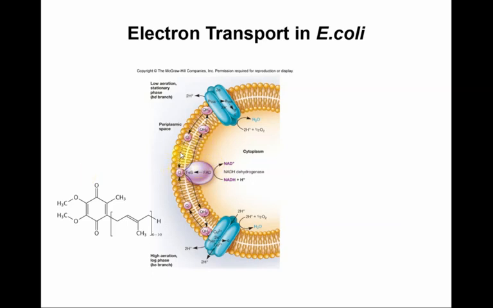And this quinone, or the QH2 is the reduced form, will then take the electrons and transfer them to the cytochrome oxidase complex, which is over here. So when the reduced form of quinone docks onto the cytochrome oxidase complex, the electrons go onto the cytochromes, but the protons, they're released into the periplasmic space.